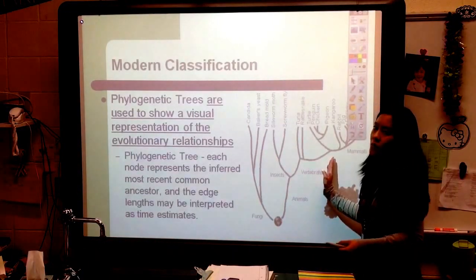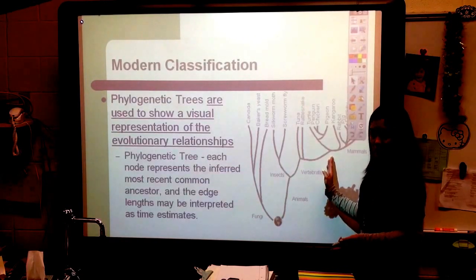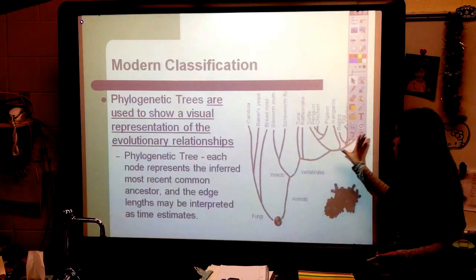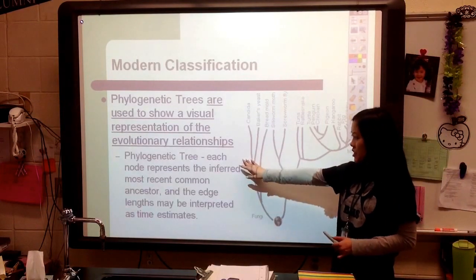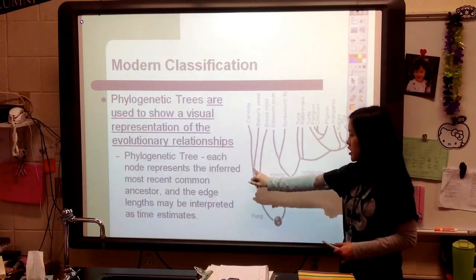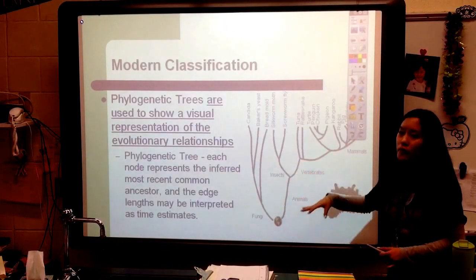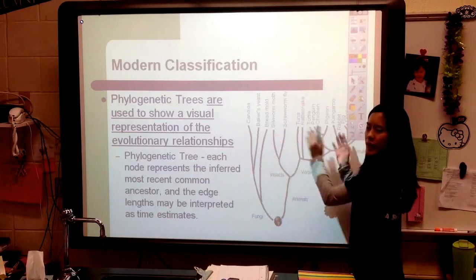You have things like vertebrates, which have a backbone, like us, like cats, like dogs, like turtles. And from there, there's even more differences. For a phylogenetic tree, each node, each connection point you see here, is going to refer to a recent common ancestor, and then there was something that caused them to split and change.